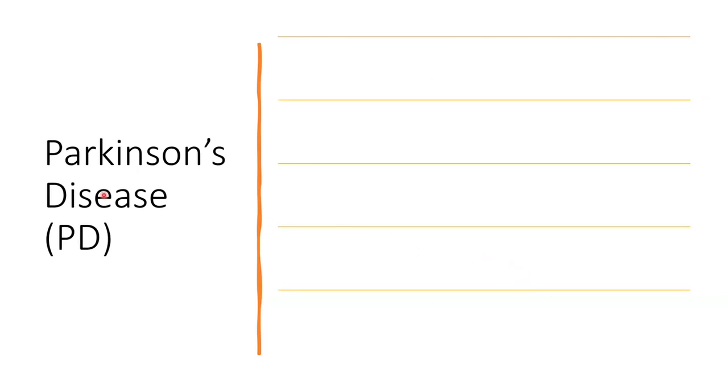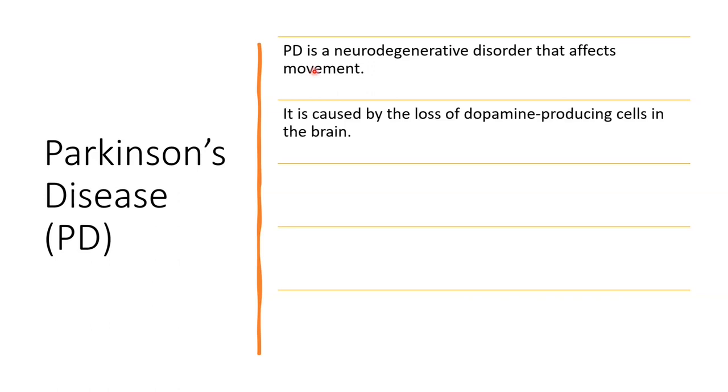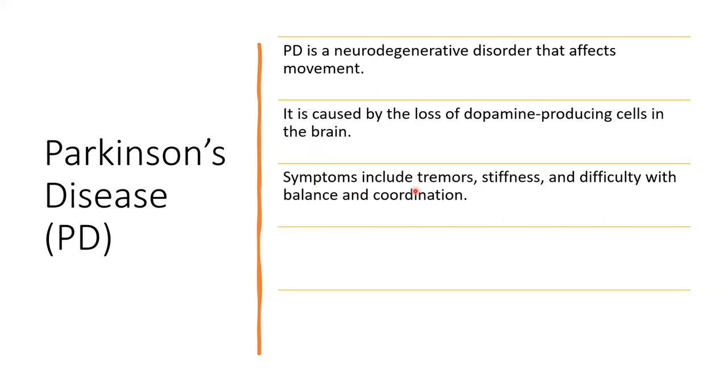So first, let's talk about Parkinson's disease, some background about it. It's a neurodegenerative disorder that affects movement, like walking or the actions of the person. It is caused by the loss of dopamine-producing cells in the brain. Symptoms are tremor, stiffness, and difficulty in walking and coordination.